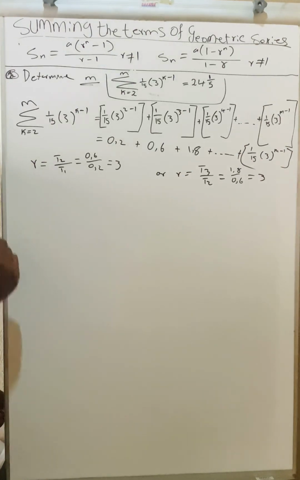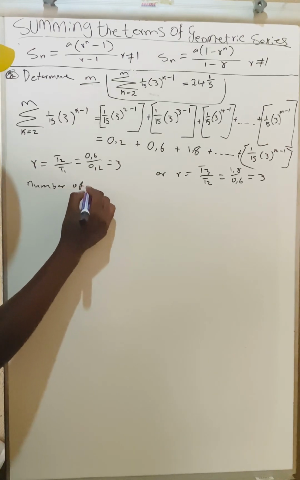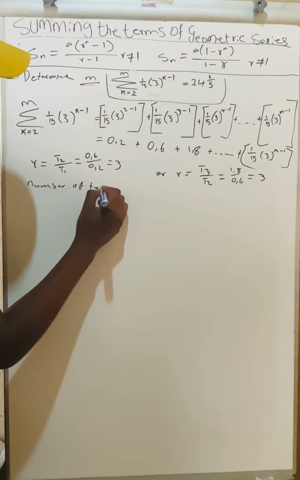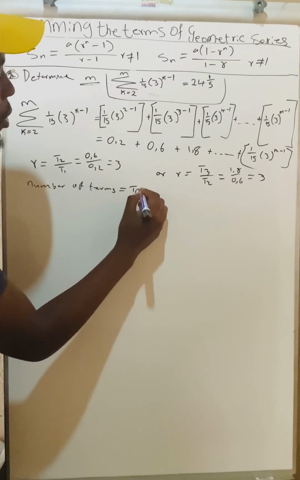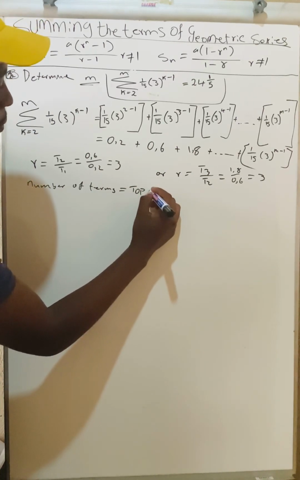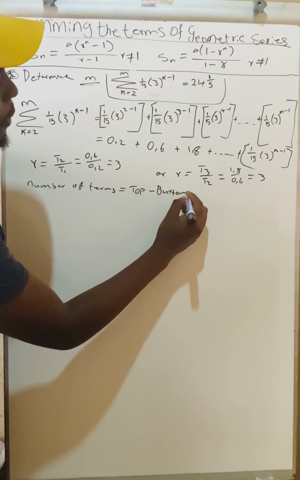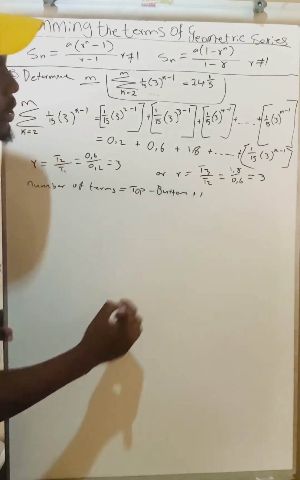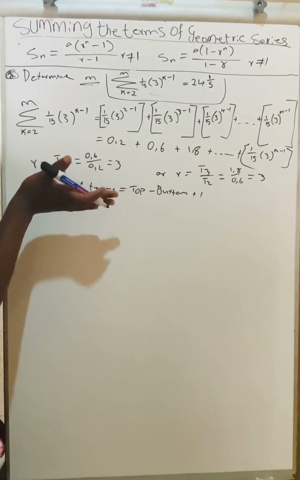I told you about this formula: the number of terms is equal to top value minus bottom value, plus 1. Be careful, always use this formula, guys, in this kind of questions.